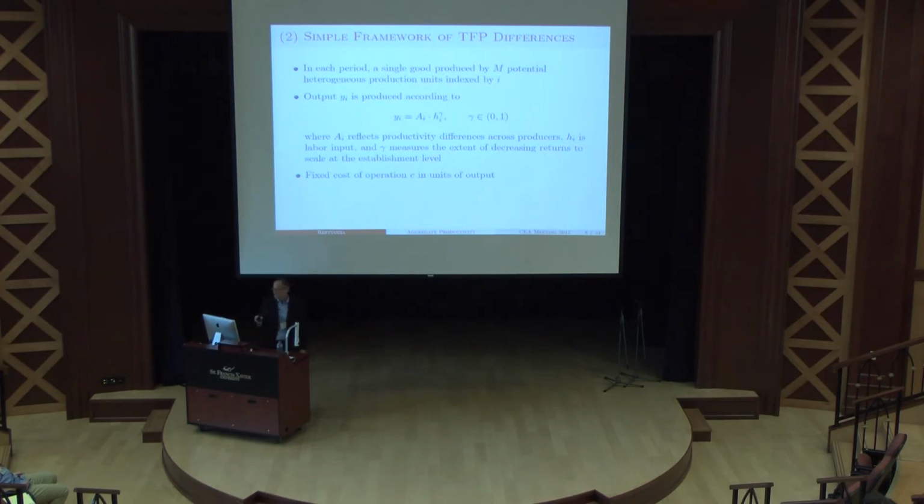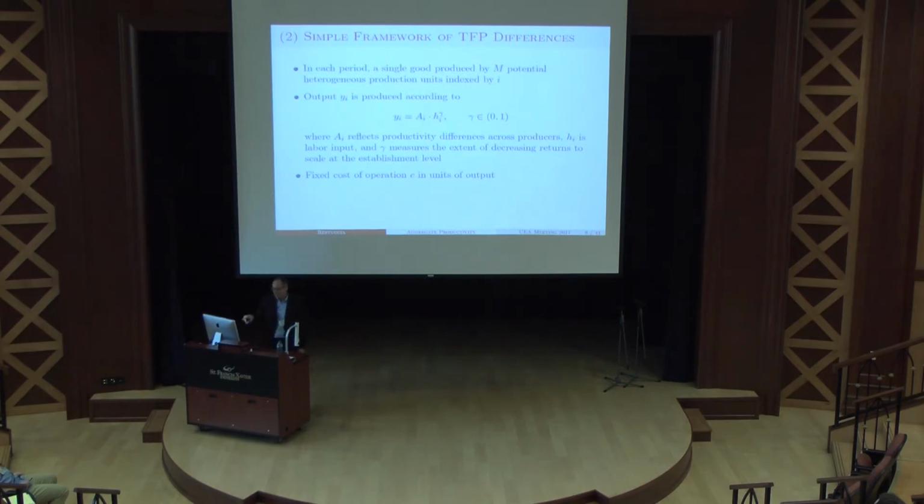So imagine for a second that there's a single good in this economy. So it's going to be a very static setting. With that, we pretty much can describe a big chunk of the literature. So there's a single good that in every period is produced by a potential number of producers. Okay? And these producers are going to be heterogeneous in one dimension: their total factor productivity.